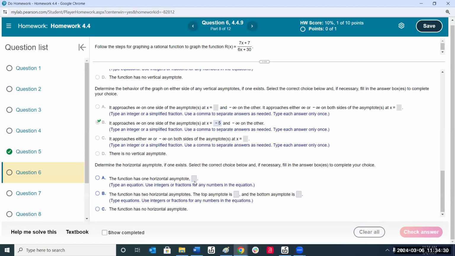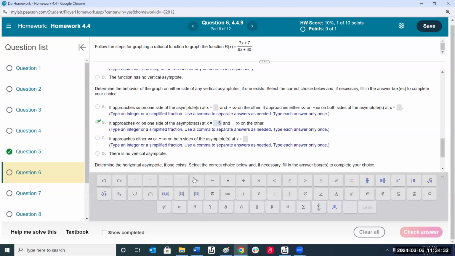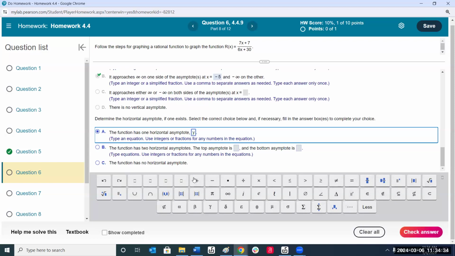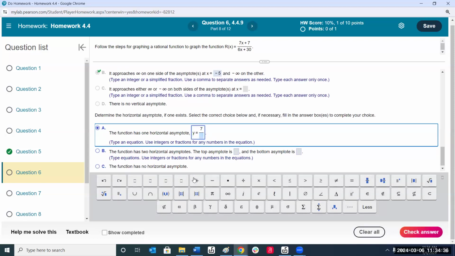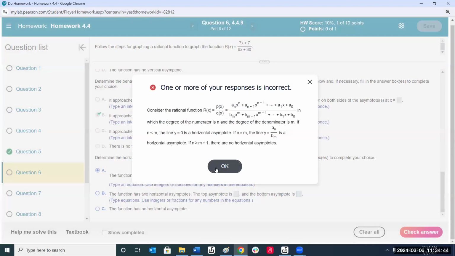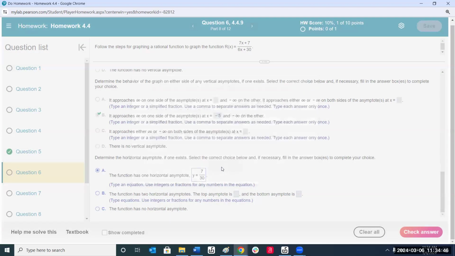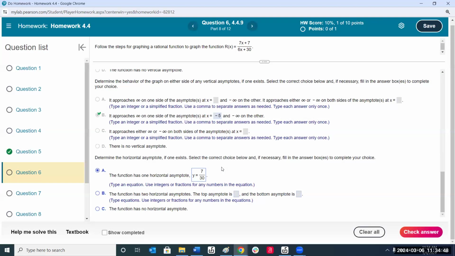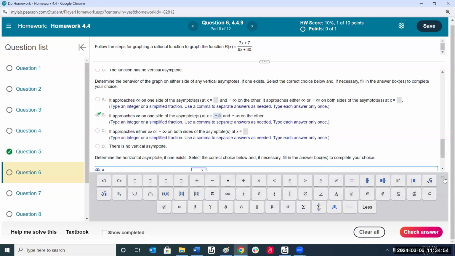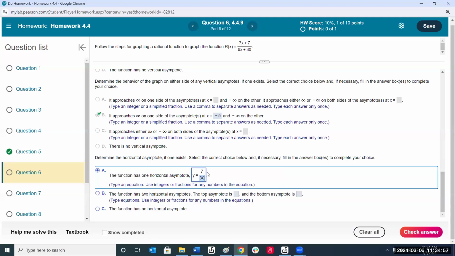Determine the horizontal asymptote. It is at y equals 7/30. Oh, actually, the 7/6, I'm sorry. 7/6.